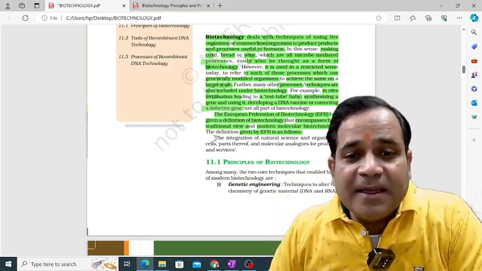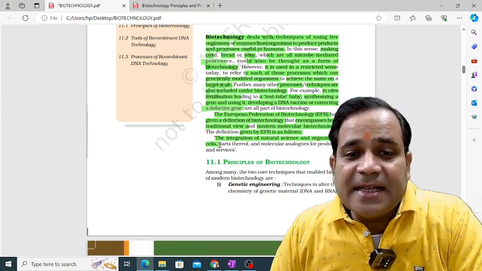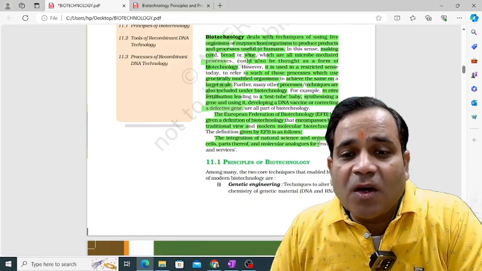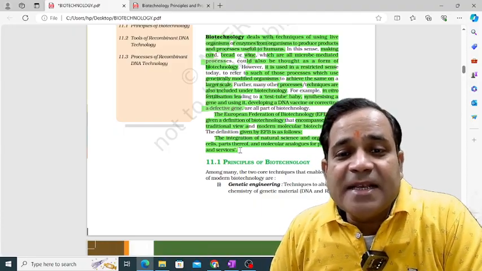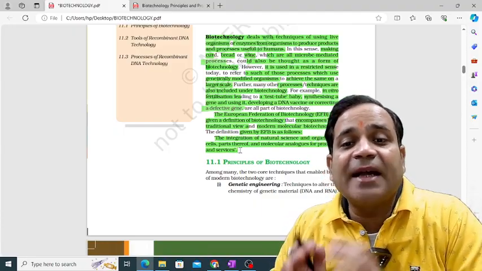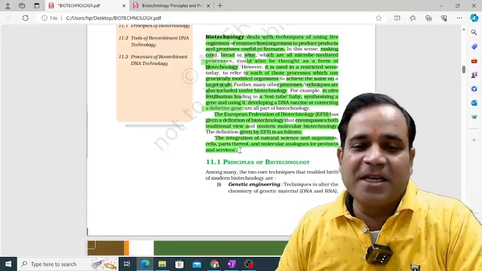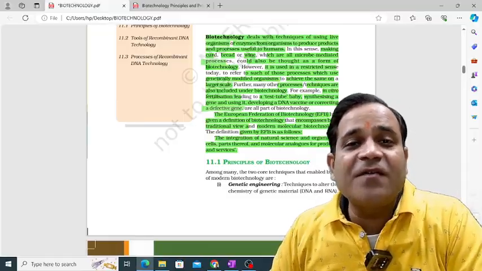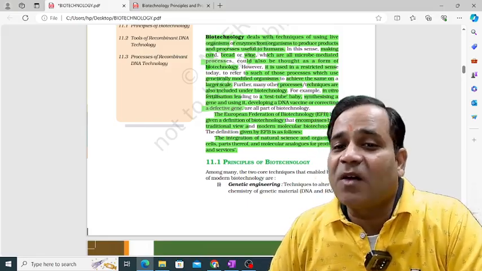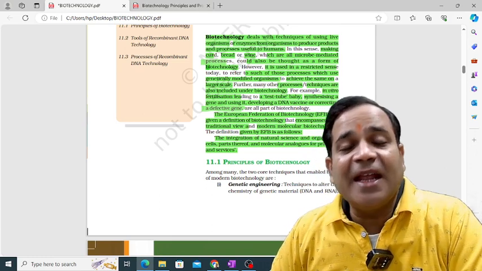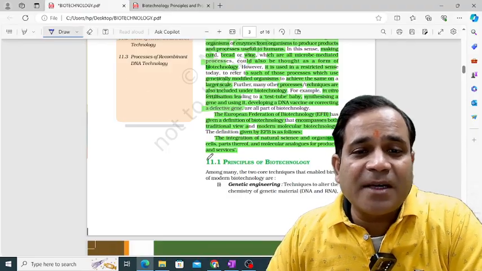According to EFB, it is the integration of natural science and organisms, cells, parts thereof, and molecular analogues for products and services. This is known as biotechnology. This definition is very, very important to understand, my dear.